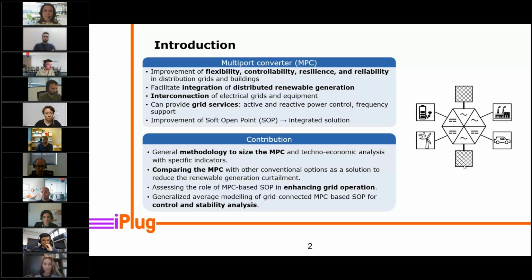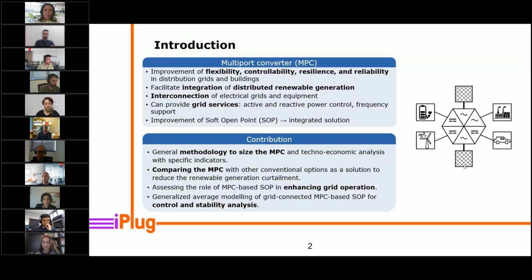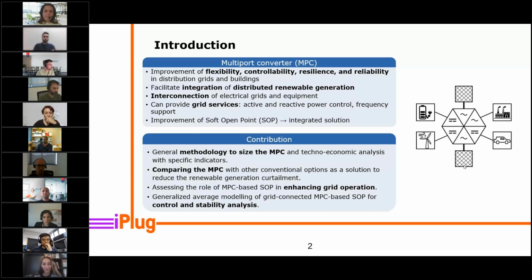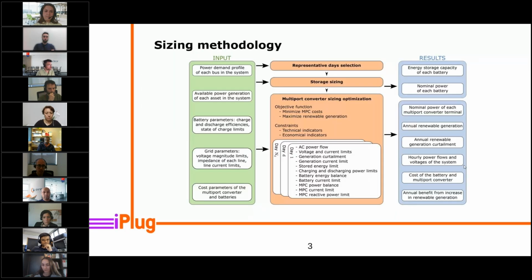In terms of operation, we have also checked how we can enhance grid operation, for example to avoid overloads or excessive voltage variations. We have also been developing generalized average models for control and stability analysis with this kind of converters.